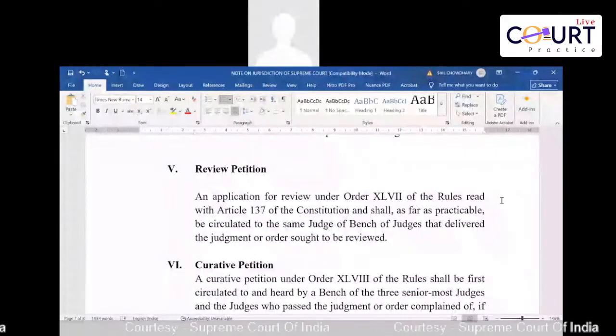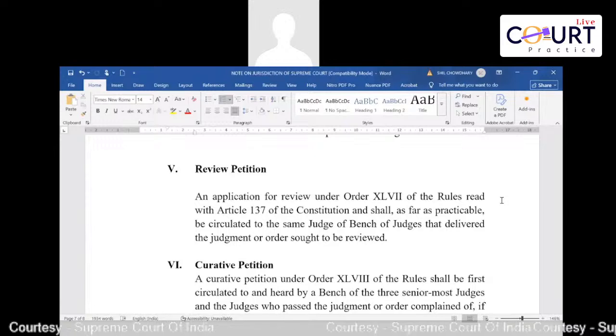Let us give an example. For example, if the order said that the purchaser will purchase the plot of land and the seller will sell the plot of land upon a consideration to be paid by the purchaser.